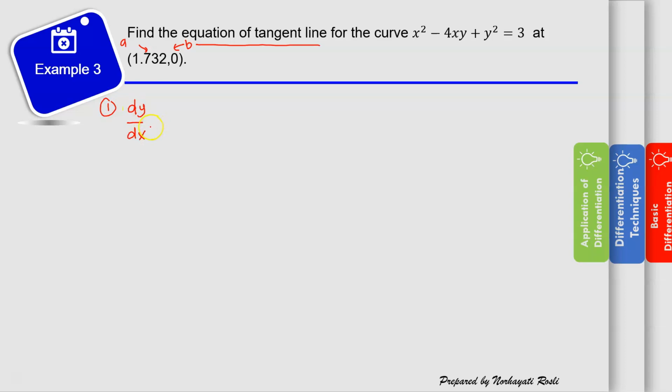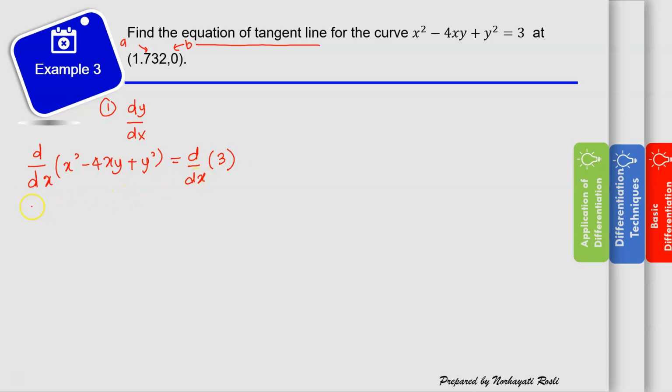So to compute dy dx, you have quite a complicated function here, so you need to differentiate both sides. We differentiate x squared minus 4xy plus y squared, equal to, we differentiate this side, which is differentiating 3.